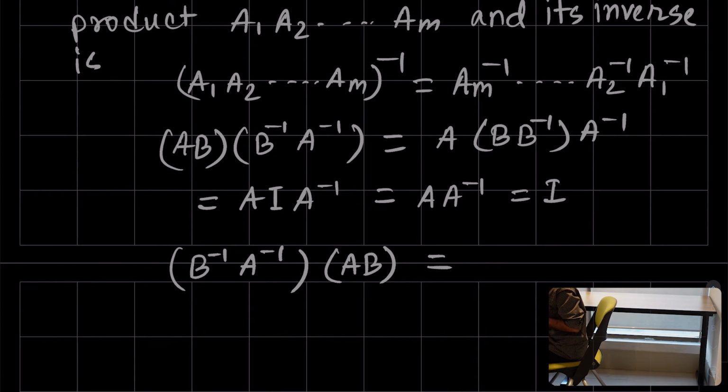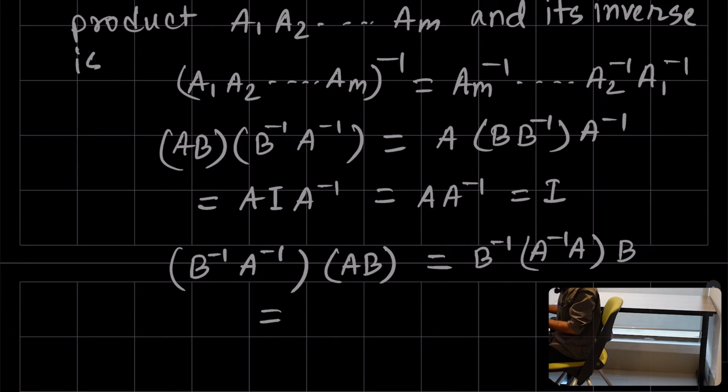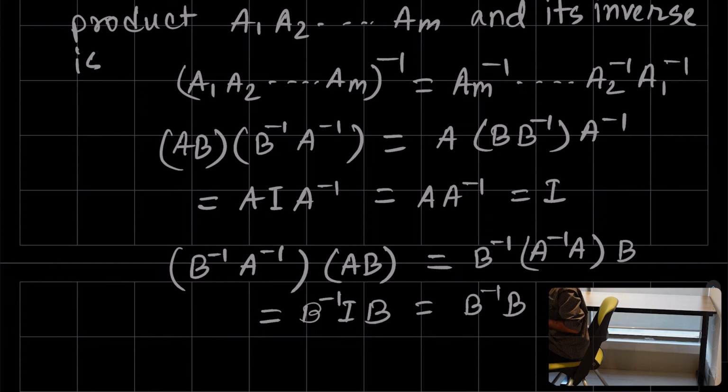And this is equal to B inverse with A inverse A multiplied by B. So A inverse A is equal to the identity matrix. So this is equal to B inverse I times B, and this is equal to B inverse B, which is equal to the identity matrix.